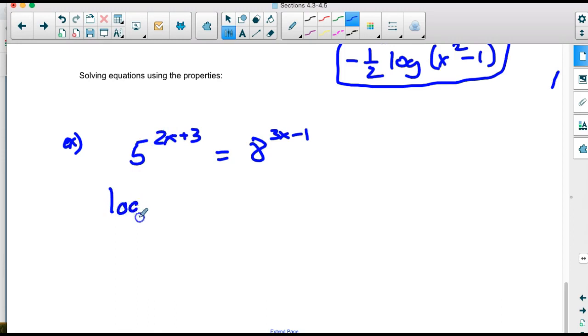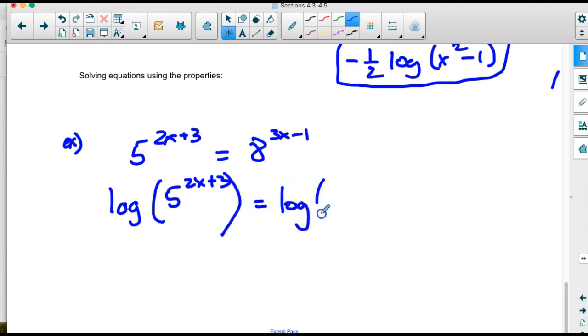So I'm going to take the log of this side, and that should equal taking the log of the other side because they were equal to begin with. So if we take the log of each side, they're still going to be equal. Now that's going to allow me to bring this power down in front of the logarithm.